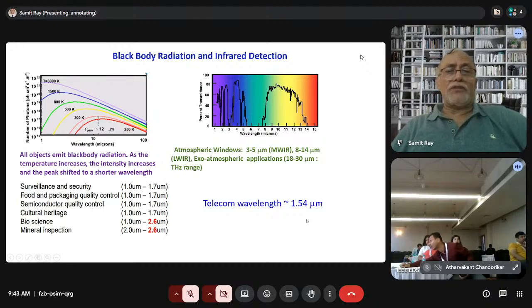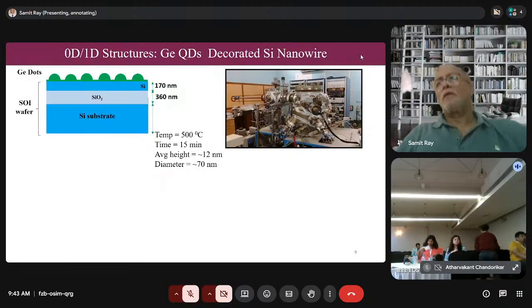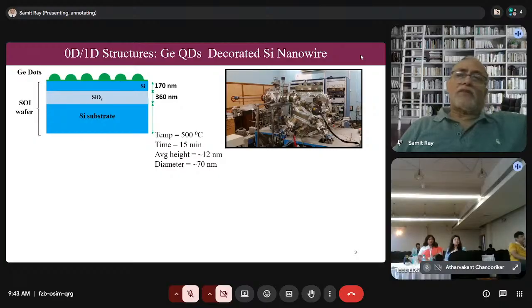In addition, you see lots of other examples for many other wavelengths. But right now we'll stick to this 1.54 micrometer wavelength. So how do we make these devices, which are silicon compatible?